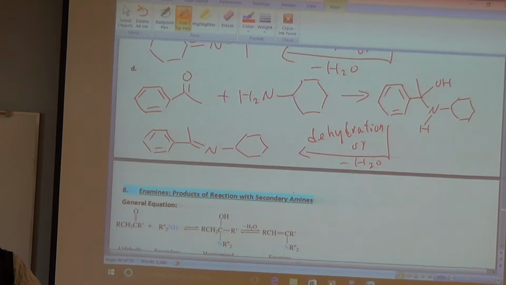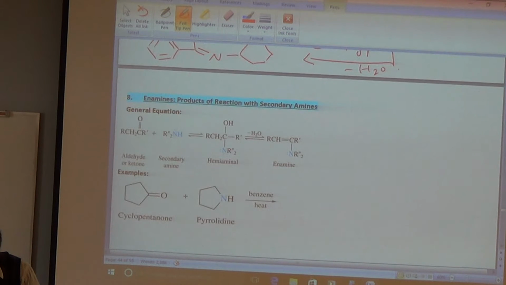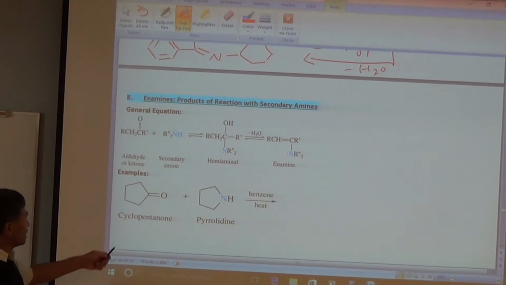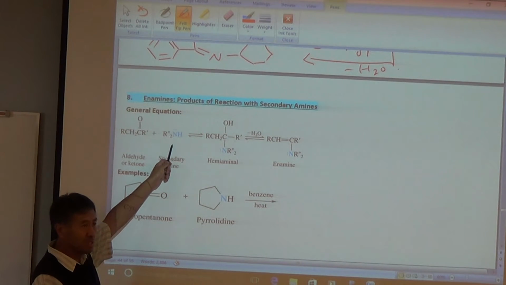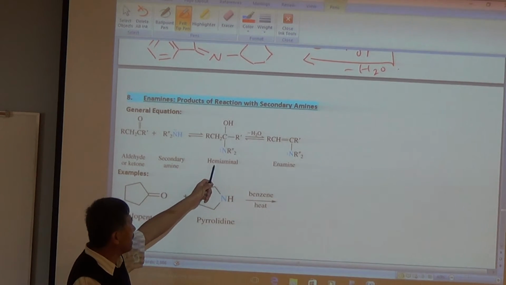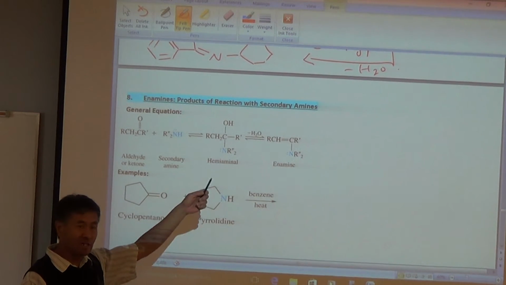So now we start this new section about producing enamines. Enamines are the product of an aldehyde or ketone with a secondary amine. Secondary amine means you have only one H on the N. So this general overall reaction tells you your amine has only one H on the N. And you produce this hemiaminal, very similar to the hemiacetal we saw in the last problem.